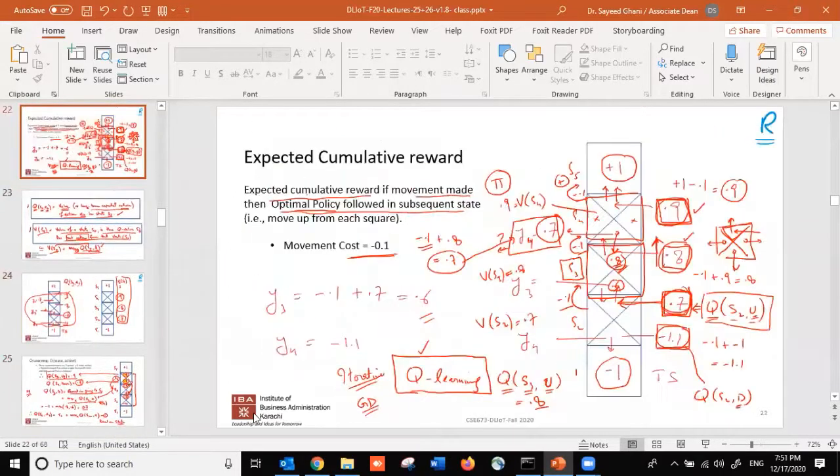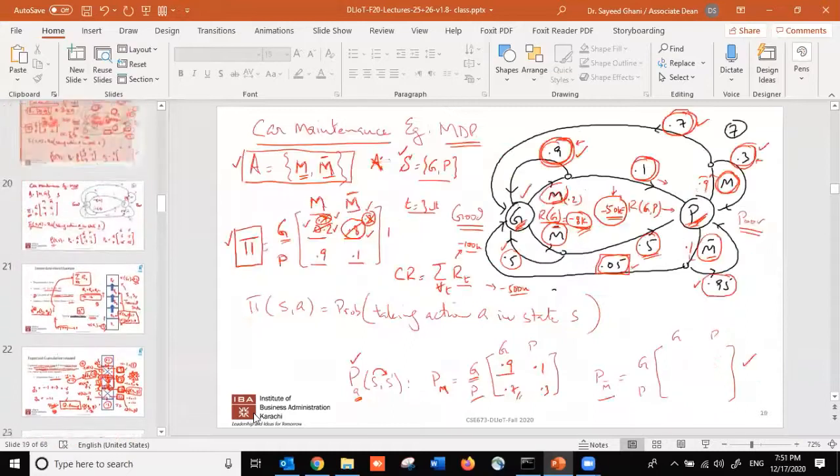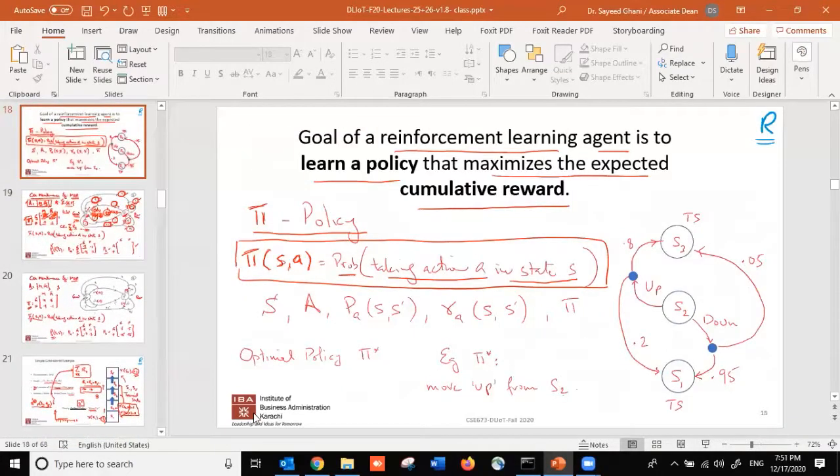We said that the goal of reinforcement learning over here is to learn a policy that maximizes the expected cumulative reward. So in other words, once you've solved this reinforcement learning problem, what do we expect to get out of this?